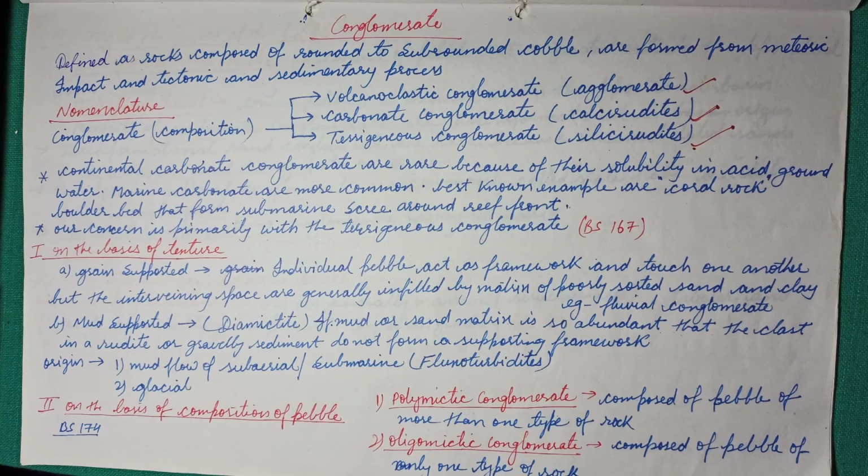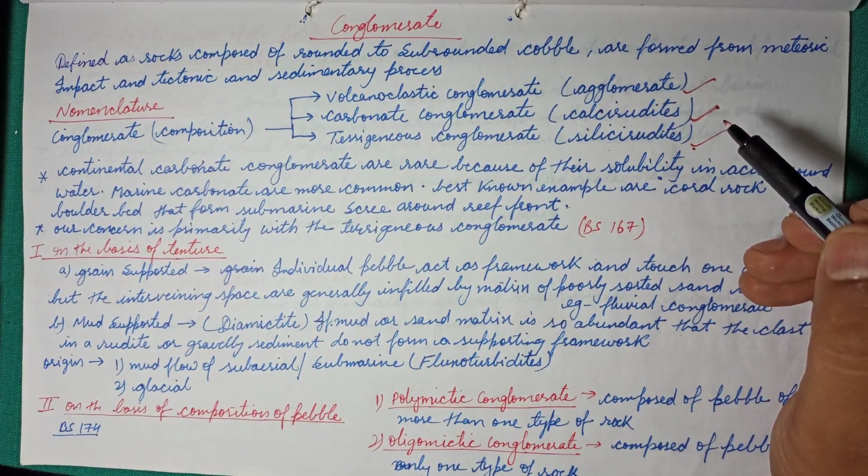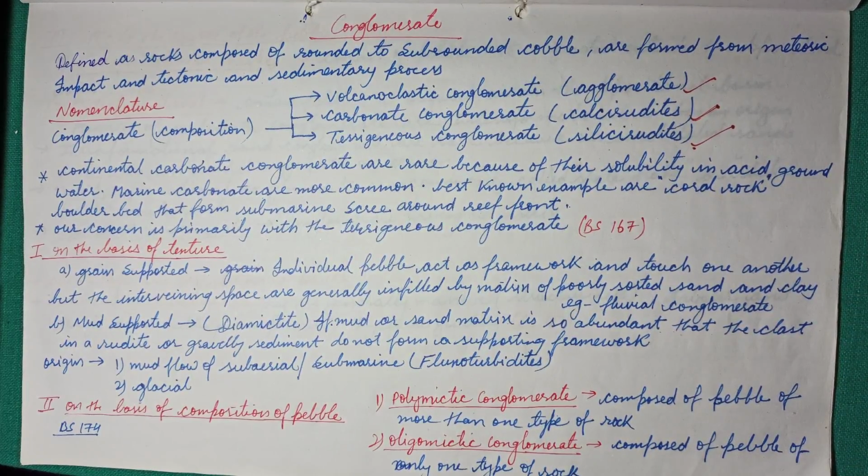The next one is continental carbonate conglomerate, which are rare. What are we going to discuss about continental carbonate conglomerate? The conglomerate that is formed from the carbonate of continental origin is rare because of its solubility in acid groundwater. So why are they rare?